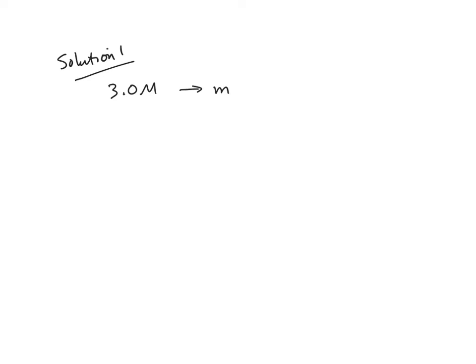So as we just talked about, we know that the units for molarity are moles per liter of solution. And for molality, it's moles solute divided by a kilogram of water.